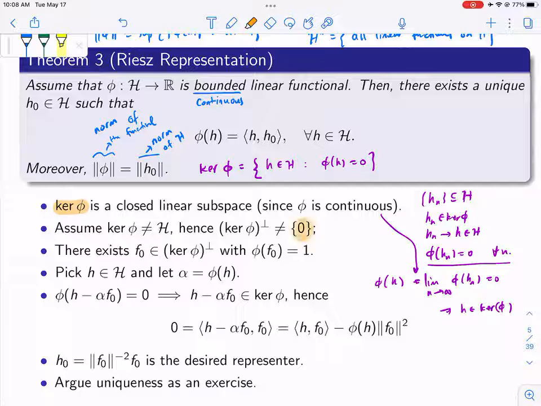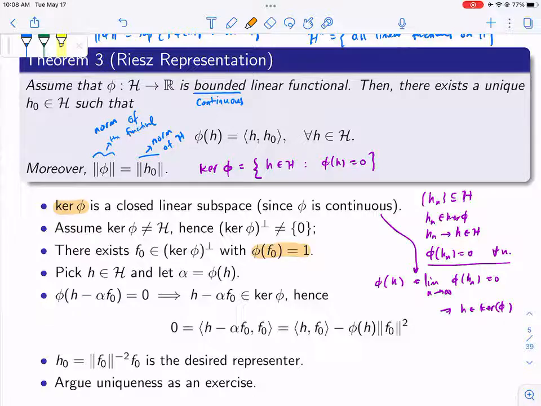The set of all vectors that are orthogonal to the entire H is just the zero set. So because it's not entirely trivial, there is a non-zero element. So I can find a non-zero element, f naught, in the kernel perp of phi. And I can, without loss of generality, assume that phi of f naught is equal to 1. So why can I assume that?